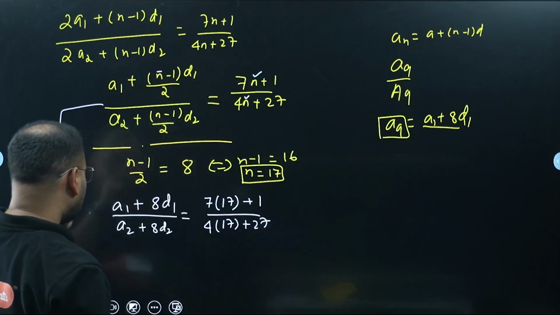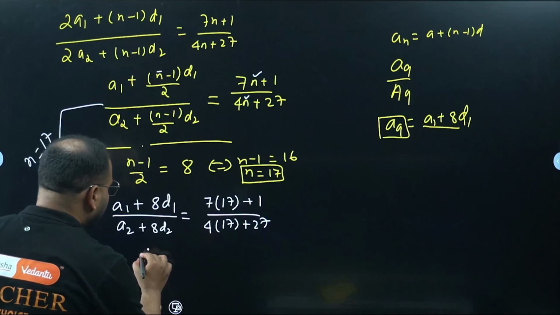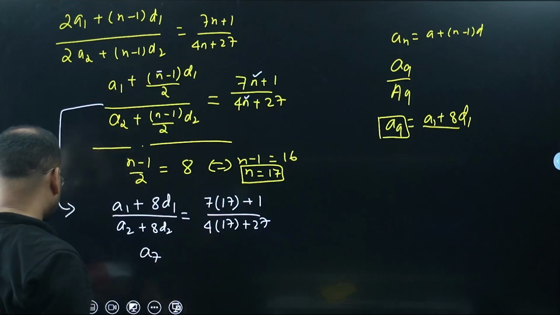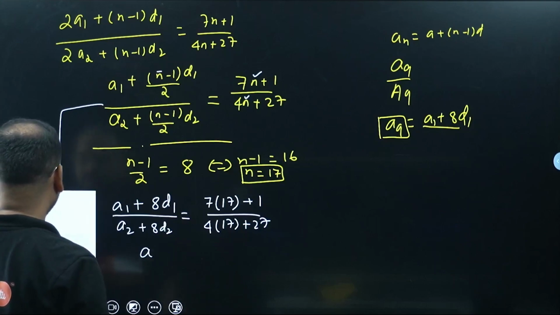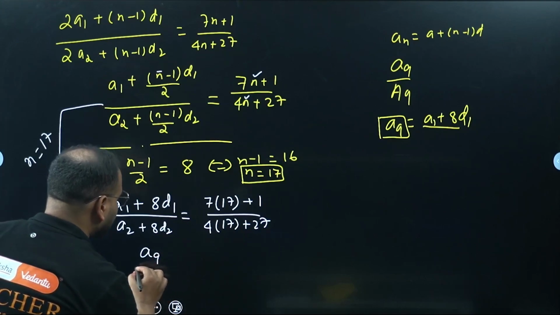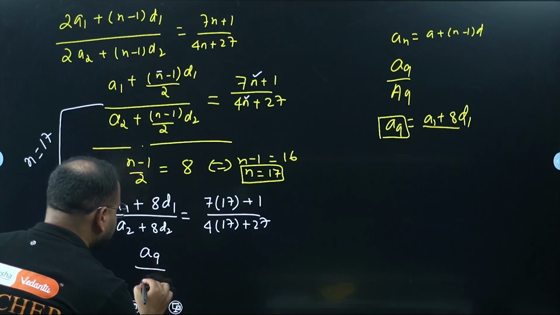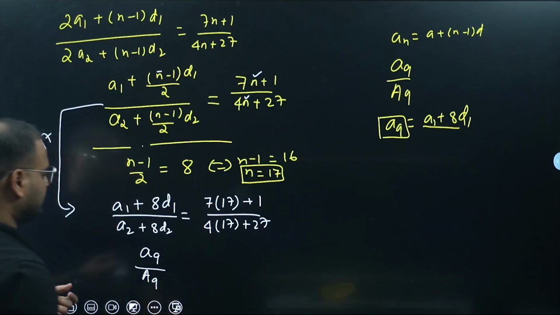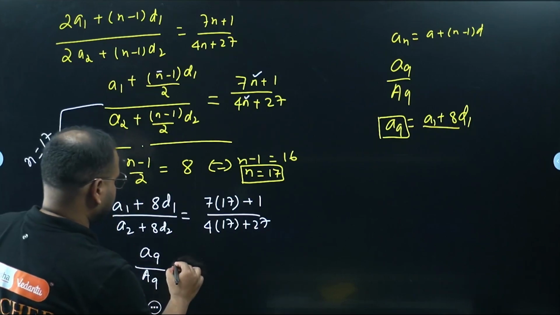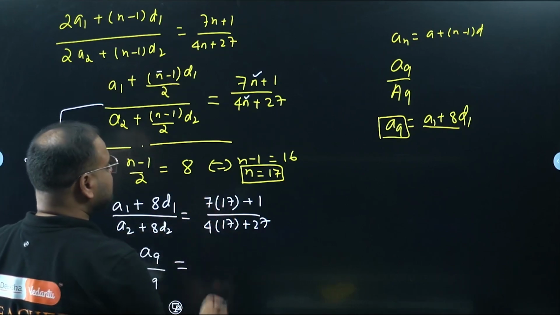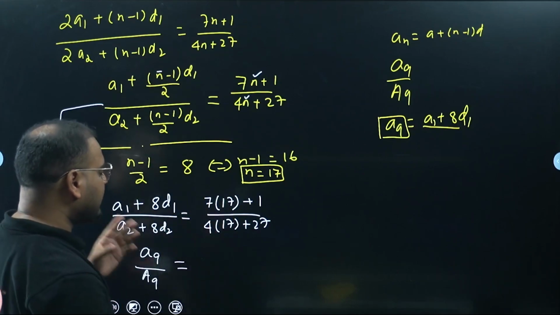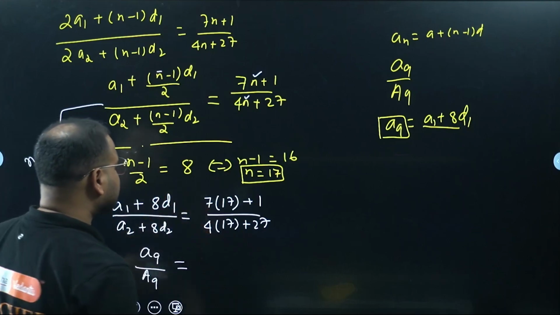Simplify this. This is nothing but the numerator will be the first AP's ninth term, and the denominator will be the second AP's ninth term. So A9 by A9. What is this? 17 sevens, how much is this? 7 sevens are 49, so 9 in hand 4, 7 ones are 7, plus 4 is 11.